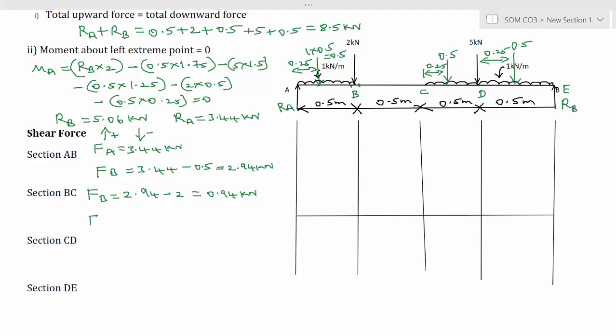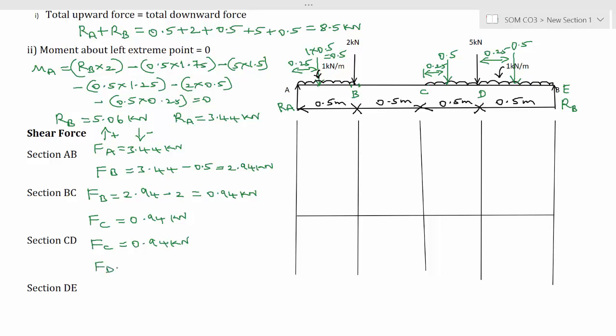Then FC is equal to, we already have 0.94, and there is no load acting in between B and C, so here it is again the same. Then section CD. Here FC is just after the section C and there is no point load applied here, so we'll have the same magnitude of force.